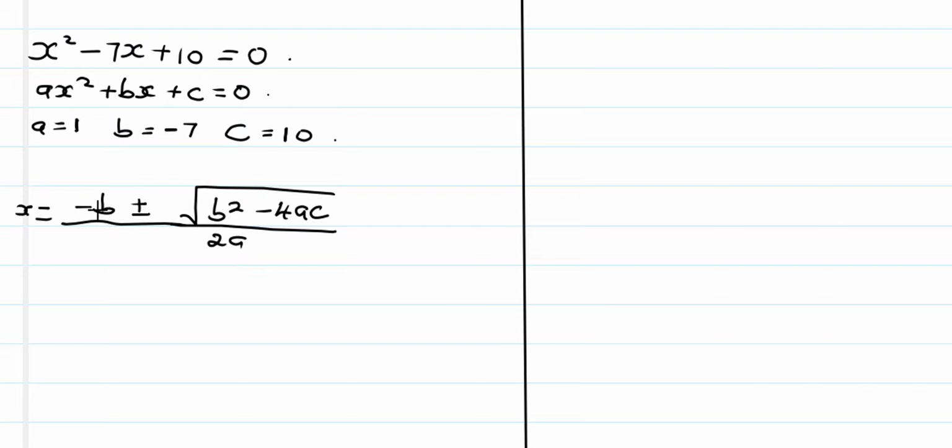So we have minus b, and we know our b is negative 7, so negative 7 multiplied by this negative b will now be positive 7.